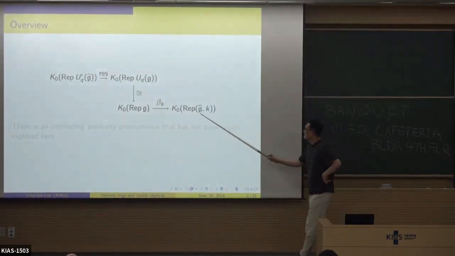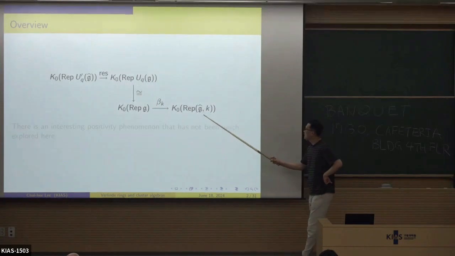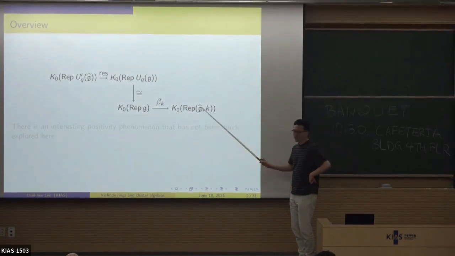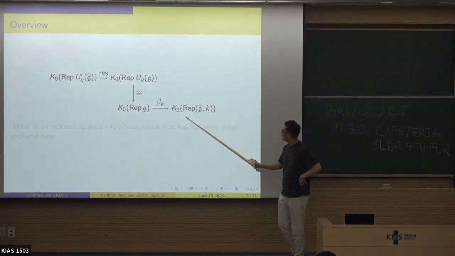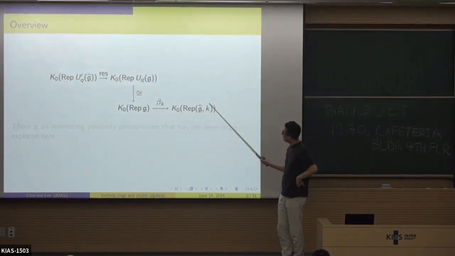And this is a bit difficult. This is K0 of rep G hat K. G hat is the affine Lie algebra, and I will explain what these are. And this is called the Verlinde ring. There's a ring structure here, and it's a very non-trivial one.